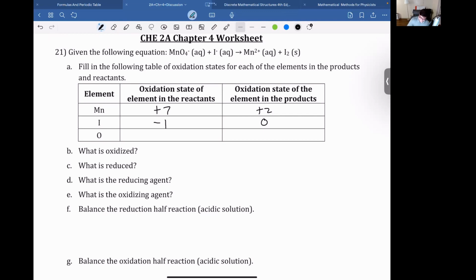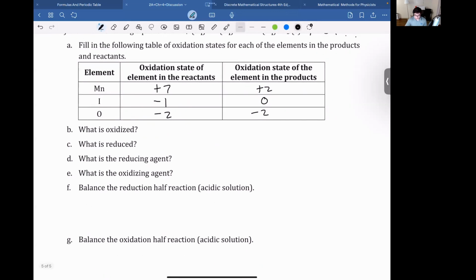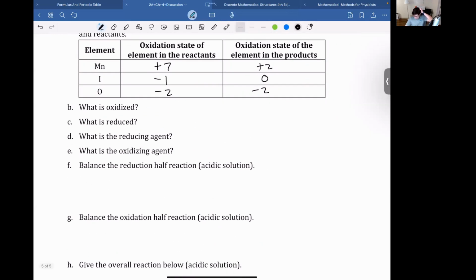So I think there was an error here. It's usually going to end with a 2 minus. Yeah, the O disappeared. Not sure about that. That's not the correct equation, obviously from the law of conservation of mass, but O typically is going to stay the same.